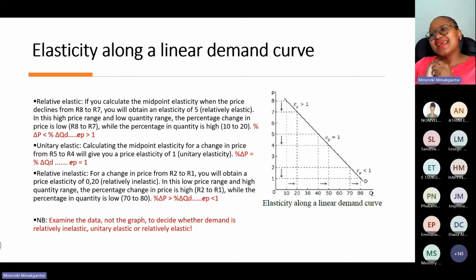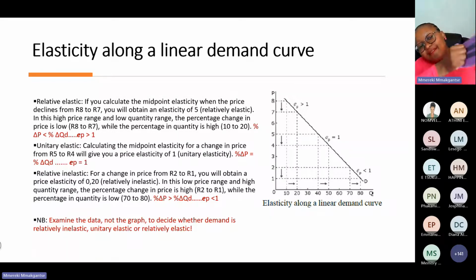All right. Relatively elastic, the Chicken Licken elastic band, ne? It means that a percentage change in price leads to a responsiveness in quantity demanded that is higher. It is higher than unitary elastic, where the change in price equals the change in quantity demanded.